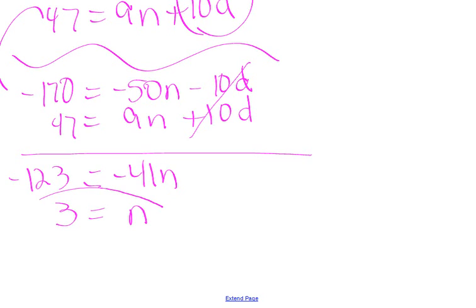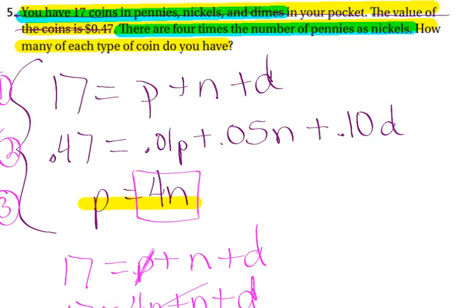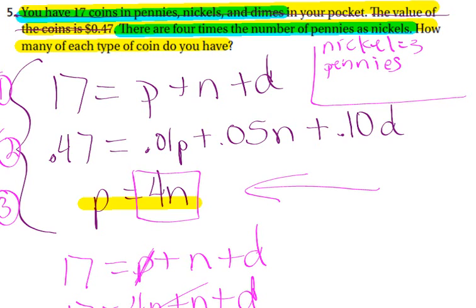So we know now part of my solution, I have 3 nickels. So there's the first thing they ask for. How many of each type of coin do you have? Well, we have 3 nickels. Now we know our pennies equals 4n, and nickels is 3, so 4 times 3 is 12. So we have 12 pennies.